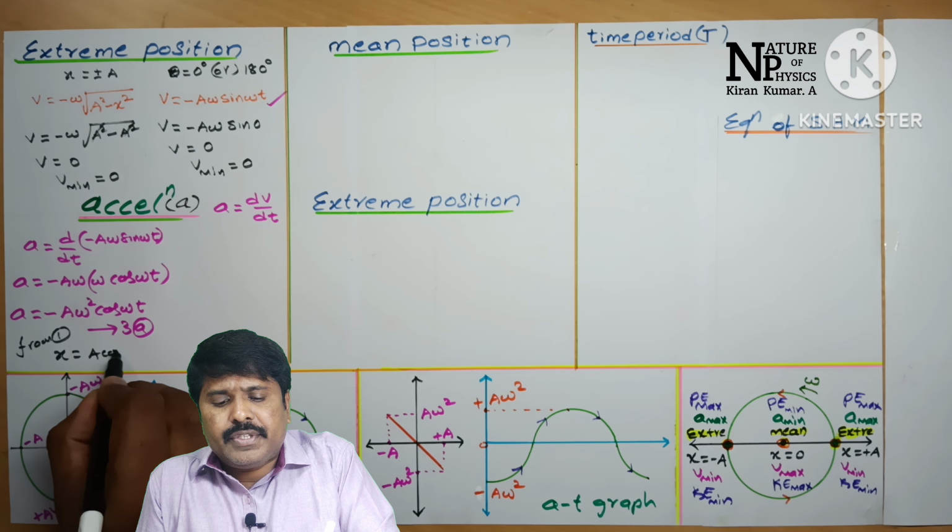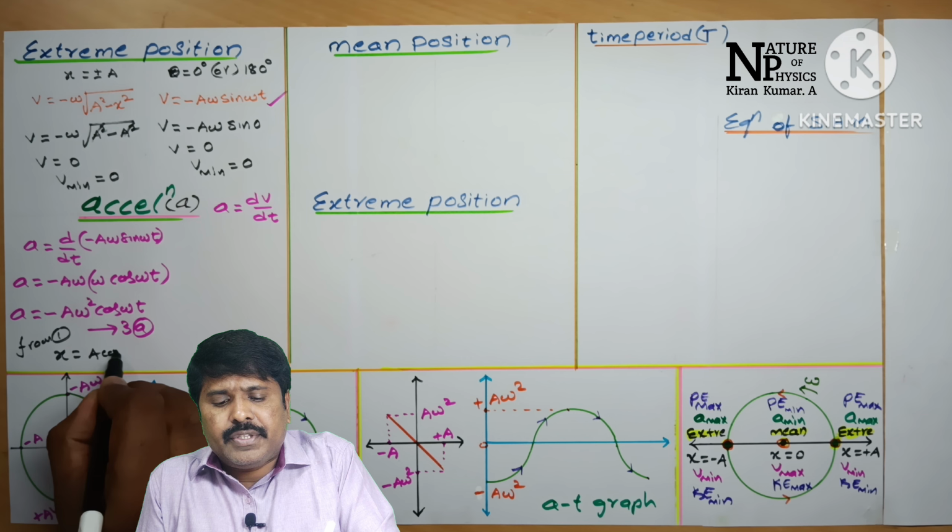Clear explanation about the velocity is completed. Then cases are there, that is mean position and also extreme position. So that I am going to write about the mean position. Mean position conditions clearly given, x is equal to 0 and theta is equal to omega t which is equal to 90 degrees.